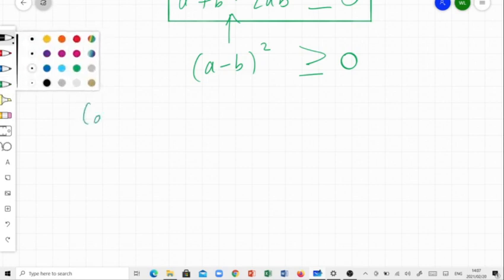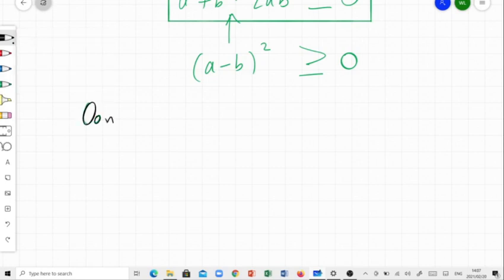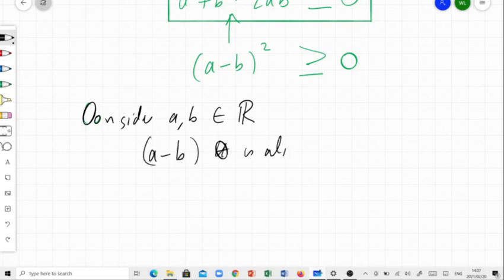So what I do here is that I consider two numbers a, b. These are two real numbers. Now, a minus b, their difference, is also a real number.